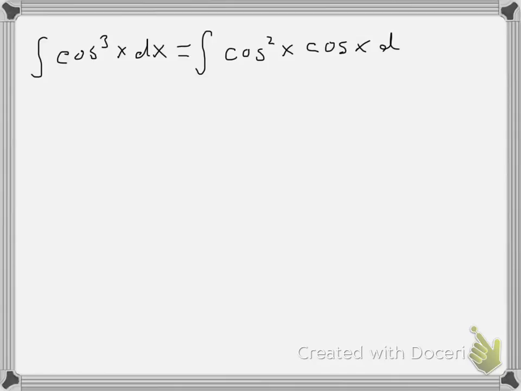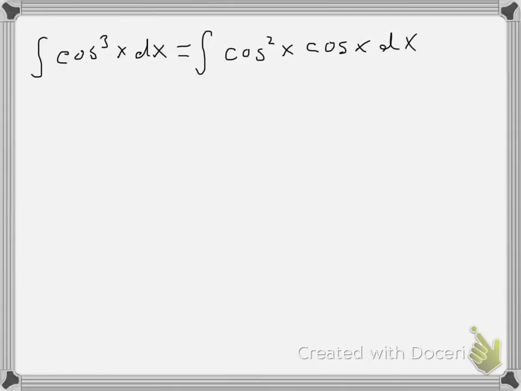Let's take a look at this example. Let's say we want to find the integral of cosine cubed of x dx. We can split up the cosine cubed of x to be equal to the integral of cosine squared of x times the cosine of x dx.